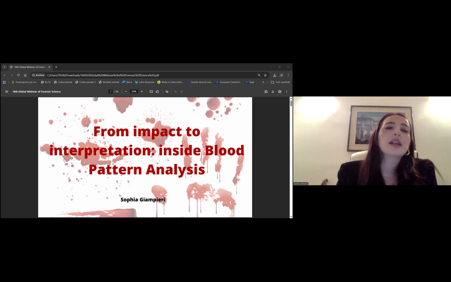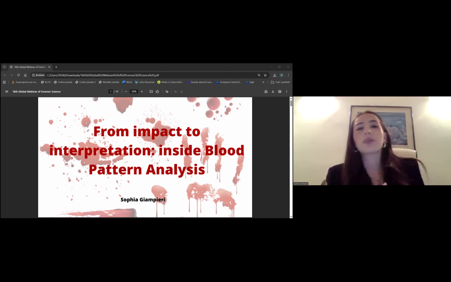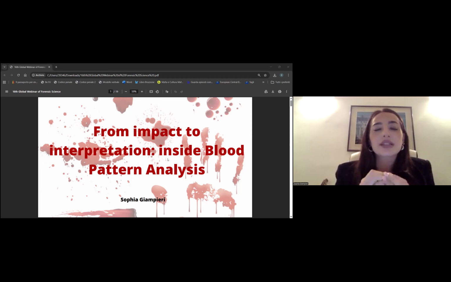Blood pattern analysis is a crime scene reconstruction technique based on the assessment of blood traces present in a crime scene. To reach a comprehensive assessment and conclusion, it's necessary to consider a series of factors such as shape, size, volume, number, and also distribution, location.